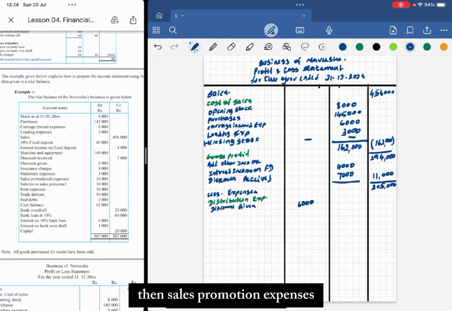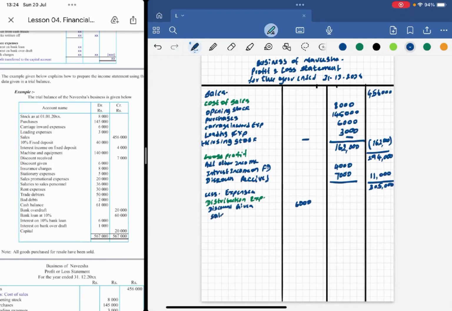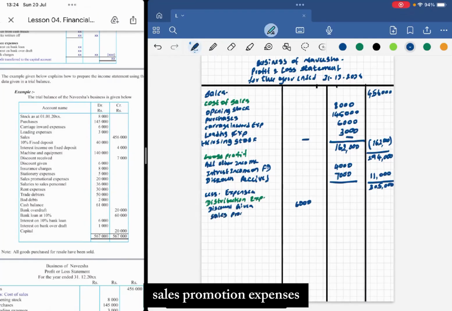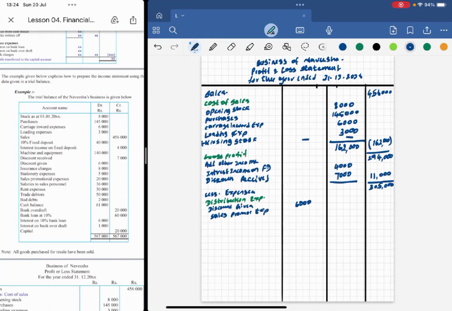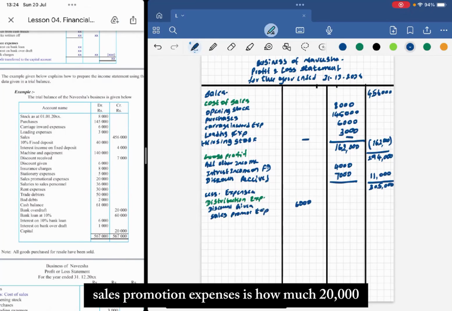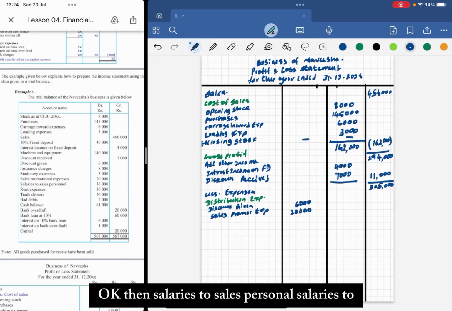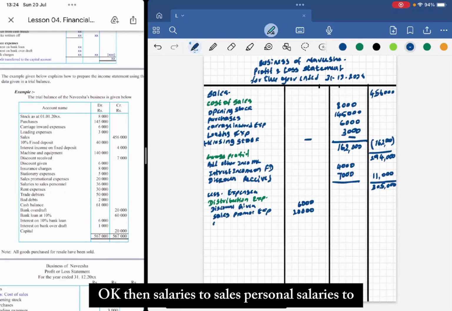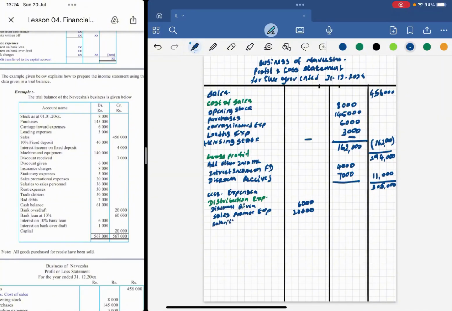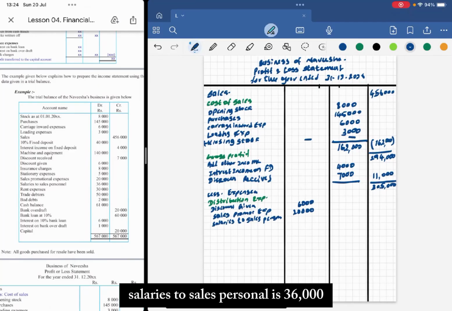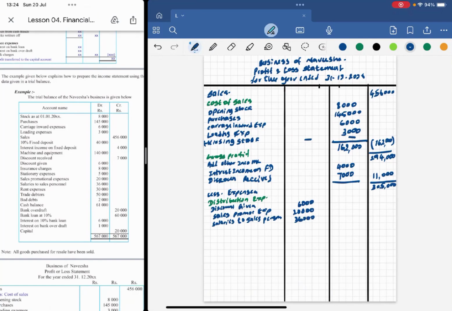Then sales promotion expenses. Sales promotion expenses is how much? 20,000. Then salaries to sales personnel is 36,000.